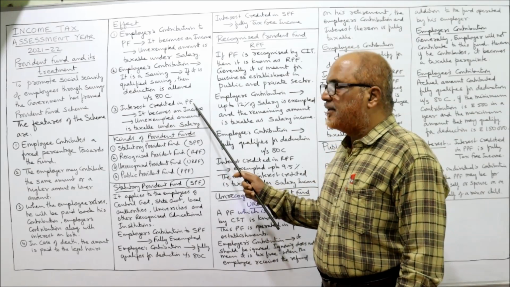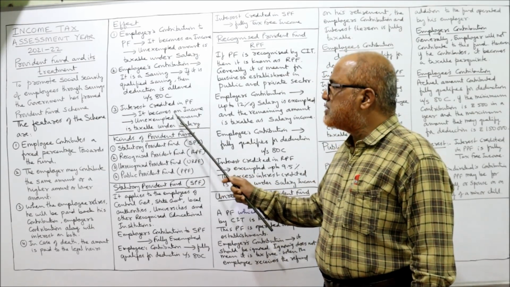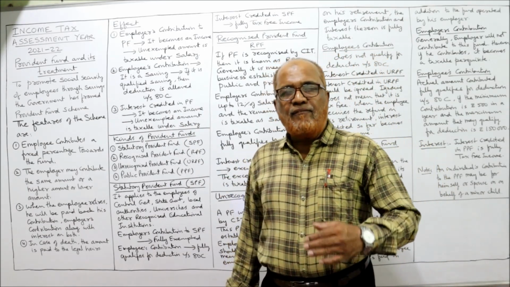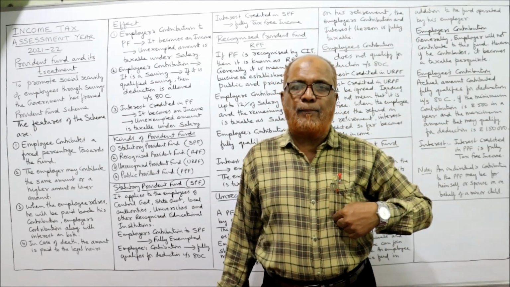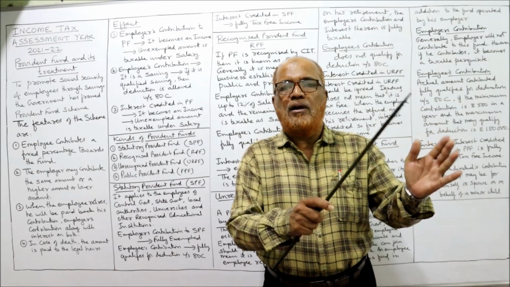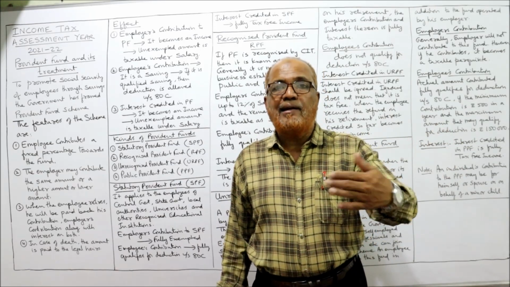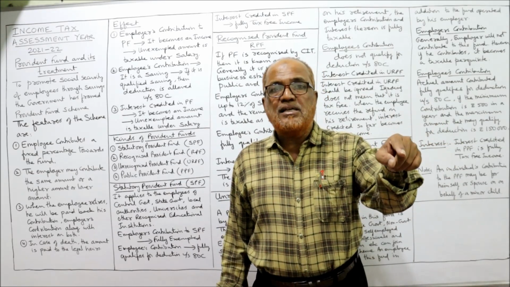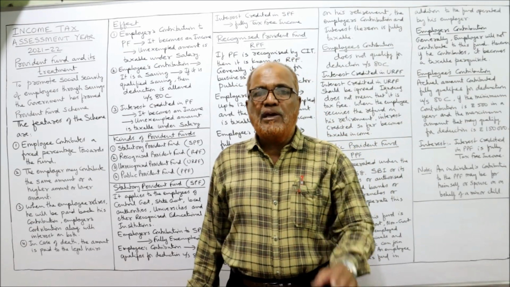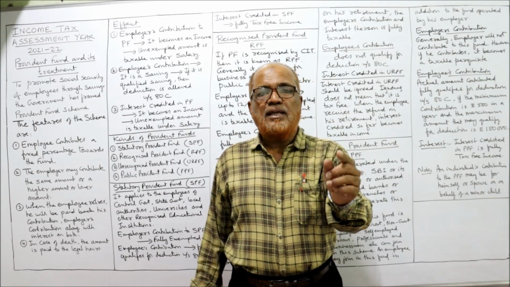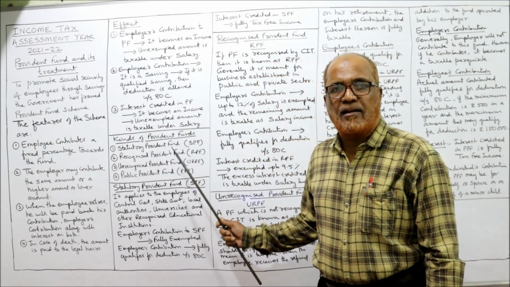Then interest credited in PF becomes an income. When every month a contribution is made to the Provident Fund by the employee and the employer, both contributions are deposited and will generate interest. So interest is an income in the hands of the employee. If it is unexempted, then it will be taxable under the head salary.